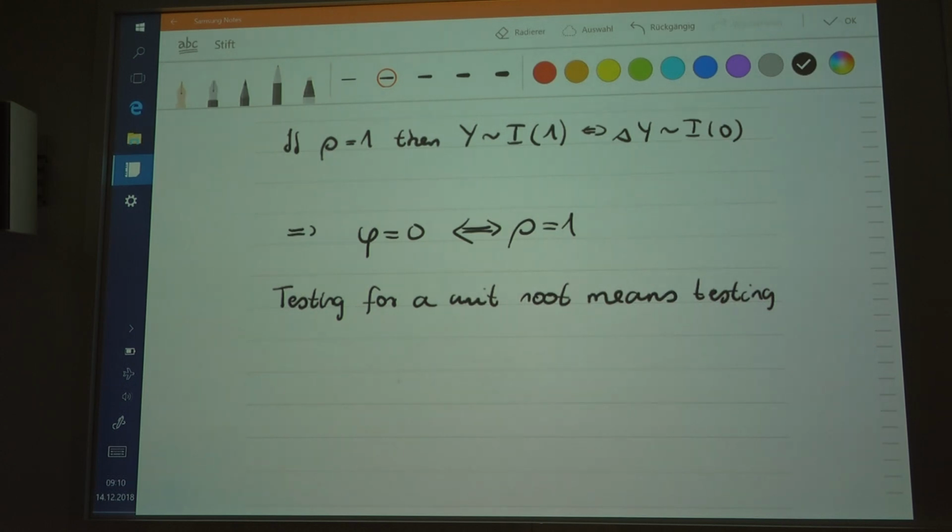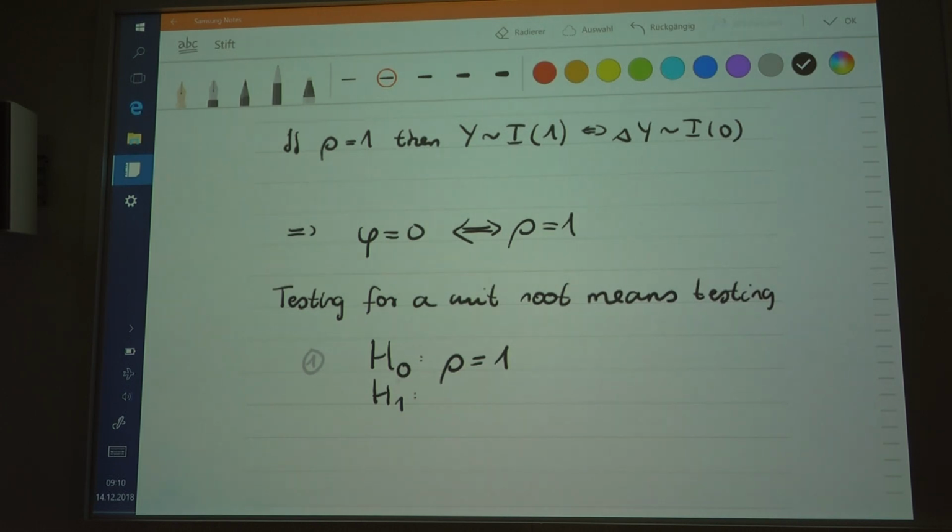For the first regression, it looks like this. The null hypothesis is that rho is equal to 1, and the alternative is that the process is stationary.